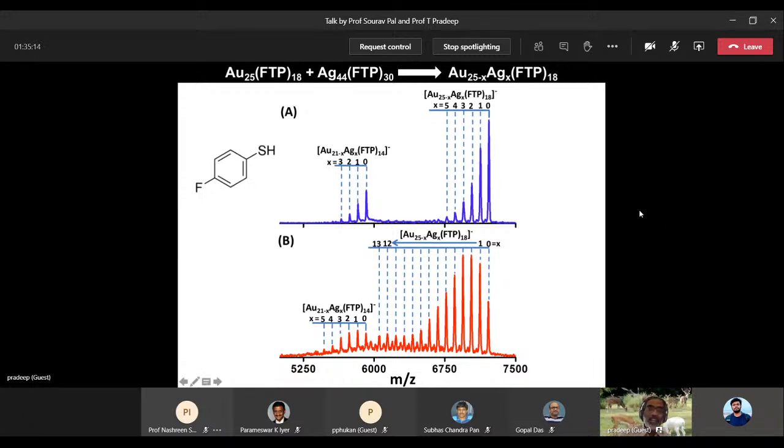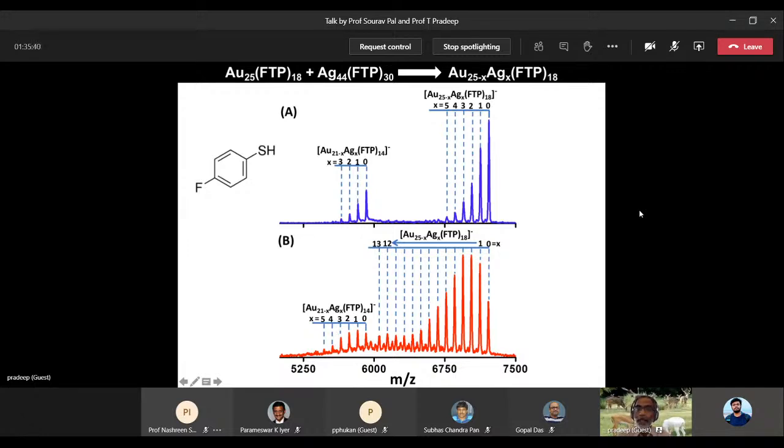If I were to take this cluster and mix it with this cluster, then of course this has another peak. I'm not showing you that mass range, but I'm showing you the mass range in which this peak is shown. Here is a peak, and I am getting a fragment. In addition to that, just after mixing, I get another set of peaks here.